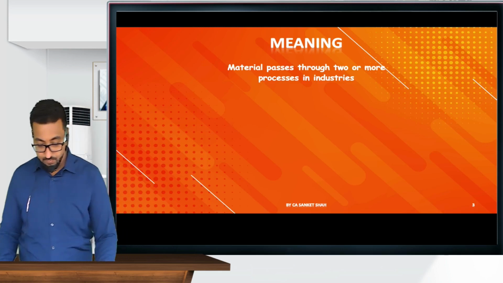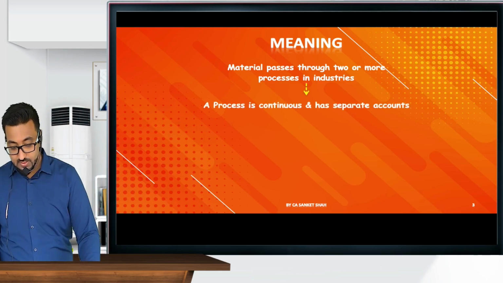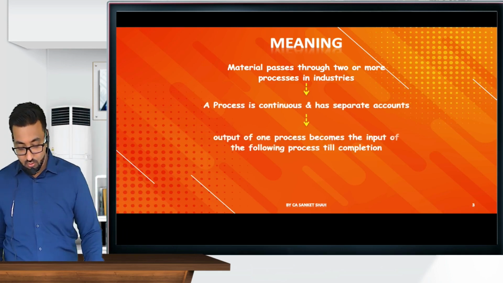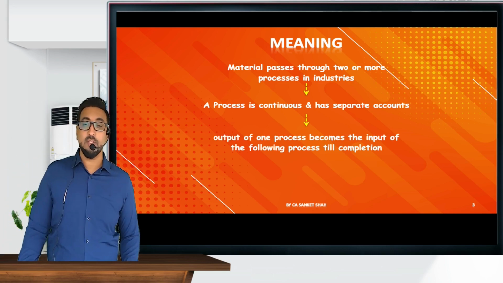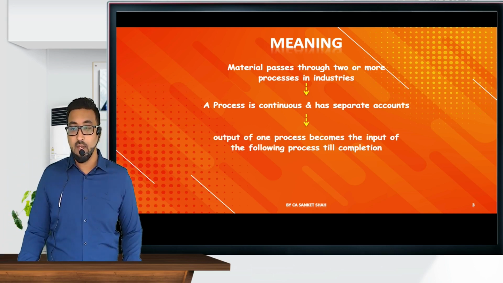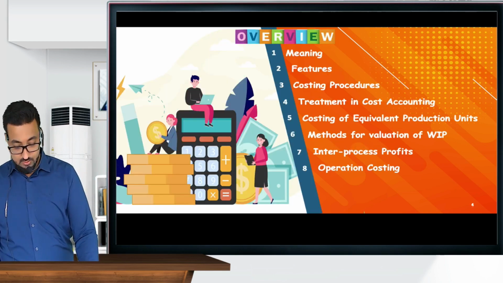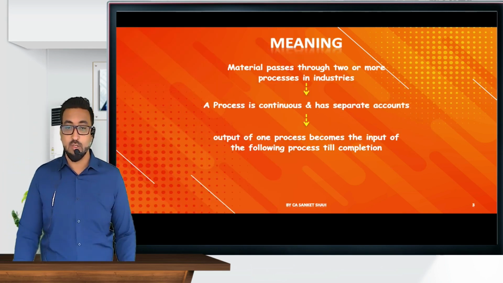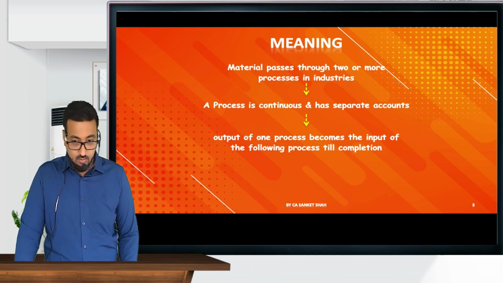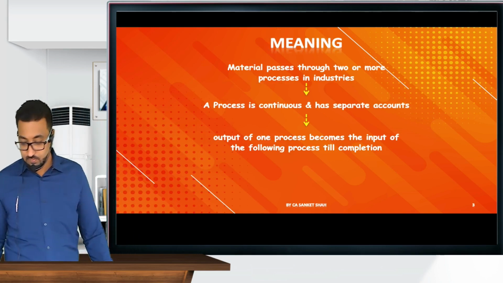A process is continuous and has separate accounts. Output of one process becomes the input of another process till completion. So लिख दीजिए meaning of process costing.